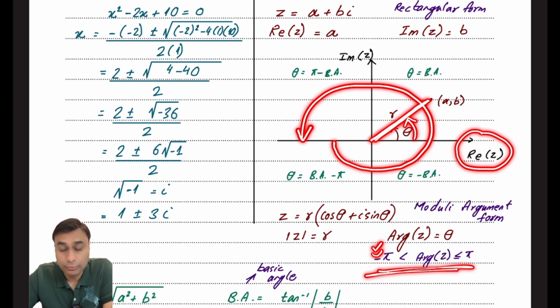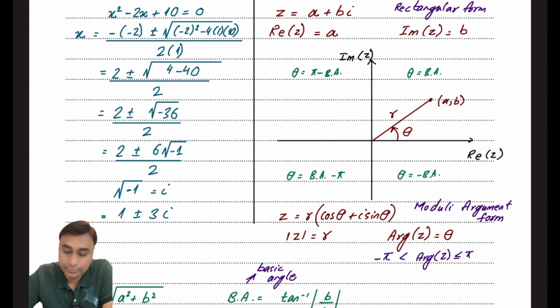So if you have drawn a complex number on an Argand diagram, the modulus of that complex number would be the length of the vector, and the argument of that complex number would be the angle that this particular vector makes with the real axis.